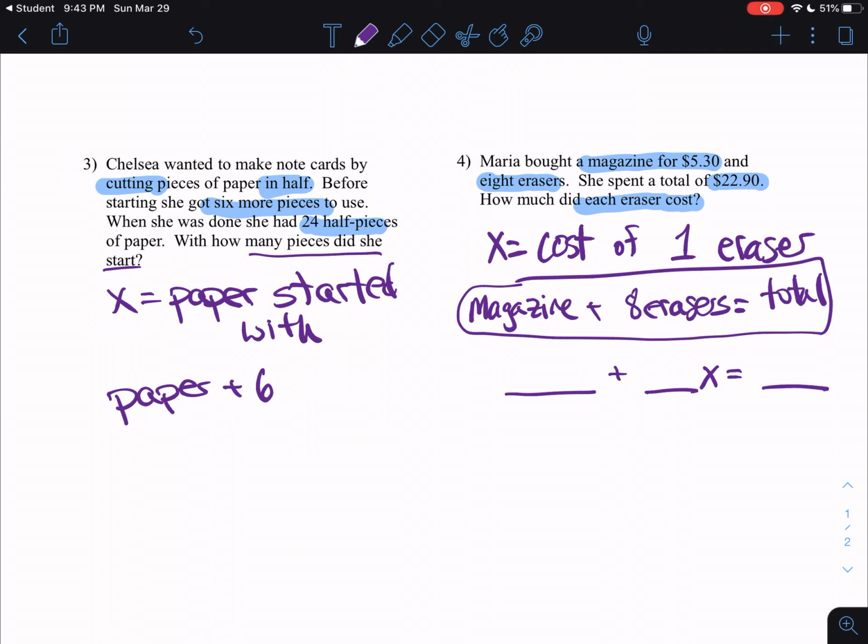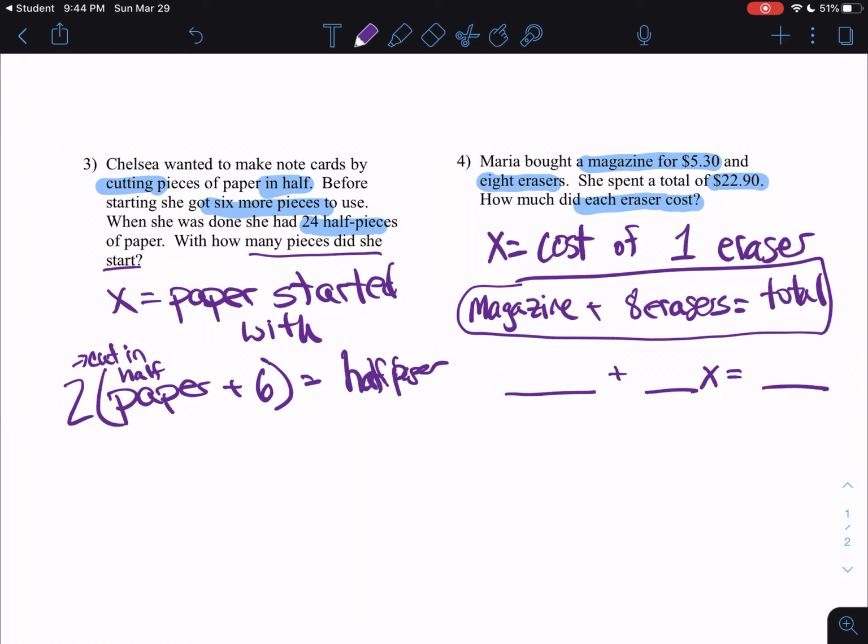Like if I had 10 pieces of paper and I tore them all in half, instead of 10, I'm having 20. Which means, what did I do to get from 10 to 20? I multiplied by 2. So that's when we use the distributive property. So I'm going to make my parentheses, stick a 2 in front. So that's cut in half.